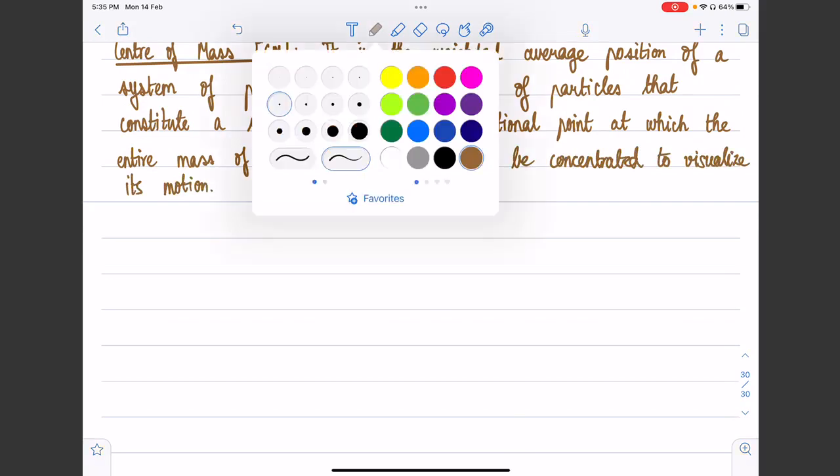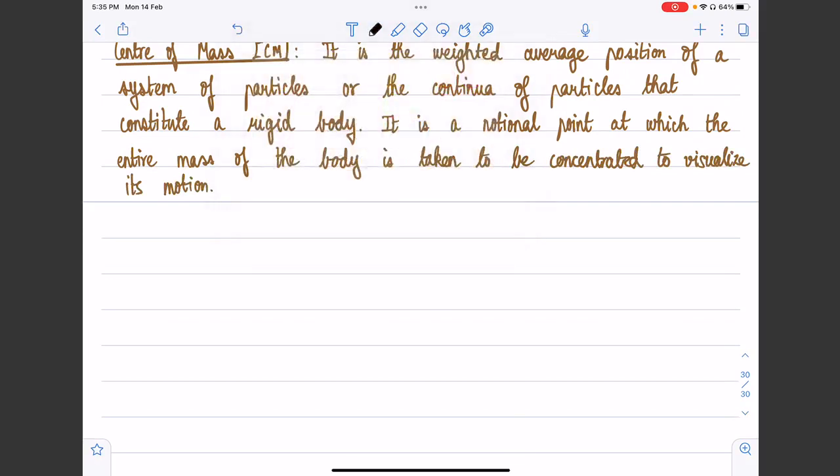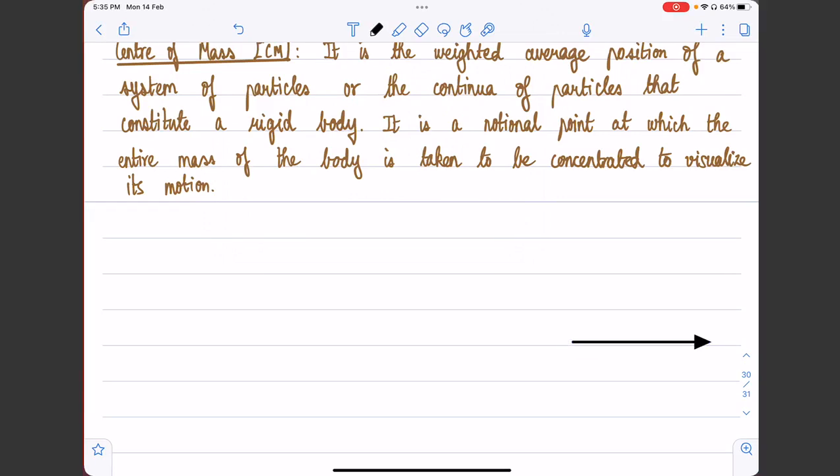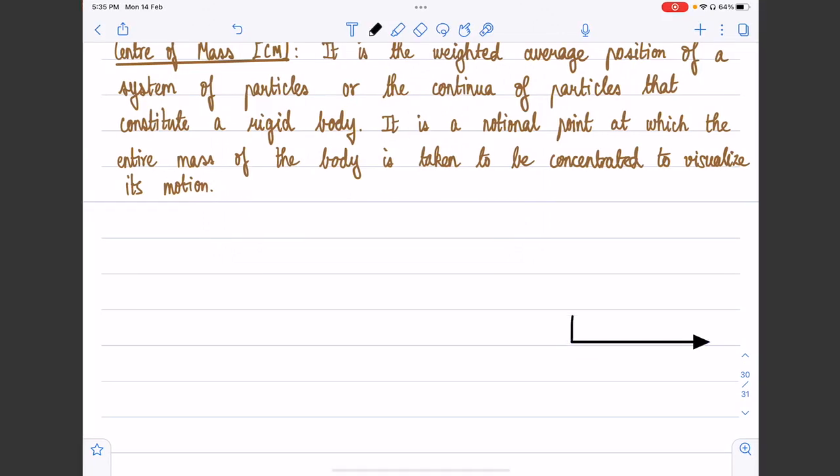So if one were to draw a very simple schematic to visualize the center of mass, let me first draw a three-dimensional axis. Suppose this is our x-axis, this is our y-axis, this is our z-axis, and this is the origin.